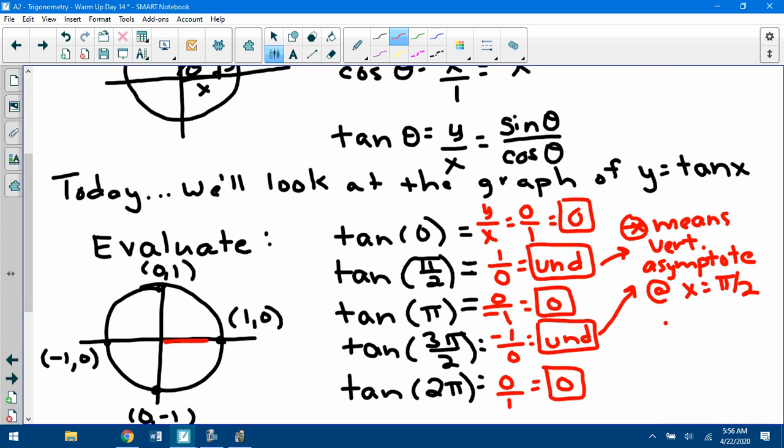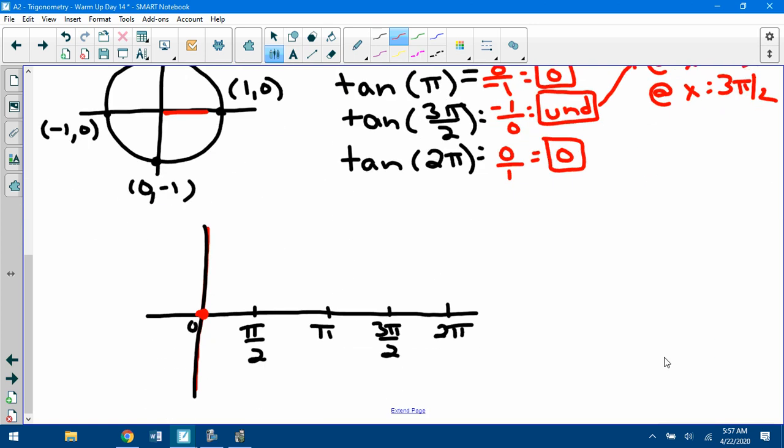And there's also going to be one at x equals 3 pi over 2. Okay, hopefully that seems a little bit familiar. It's been a while since we talked about it. But at pi over 2, we need to have a vertical asymptote.